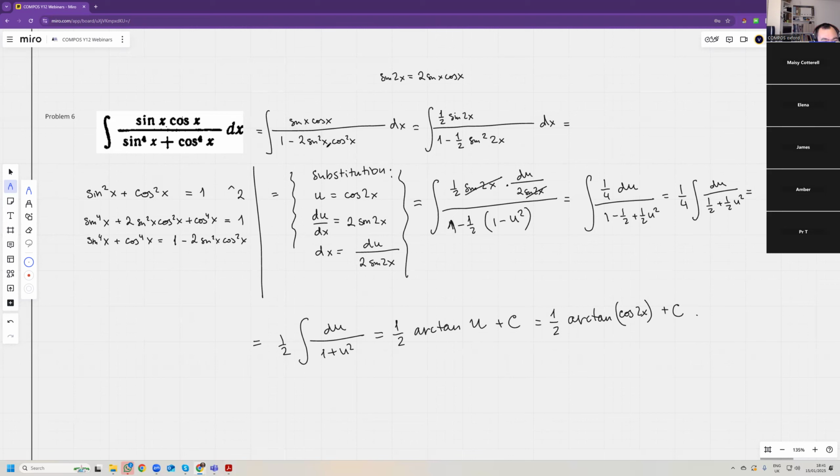And then I saw that sine is the derivative of cosine, and that is why I used the substitution u equals cosine 2x. I differentiated it, and now it goes here, and then the sine goes away. I knew that this is going to happen, and that's how I did this integral.